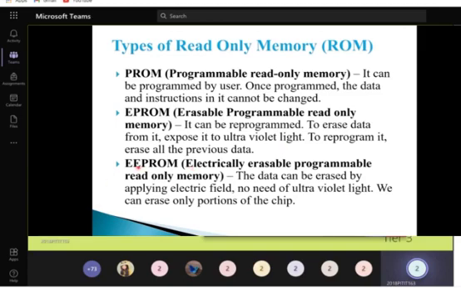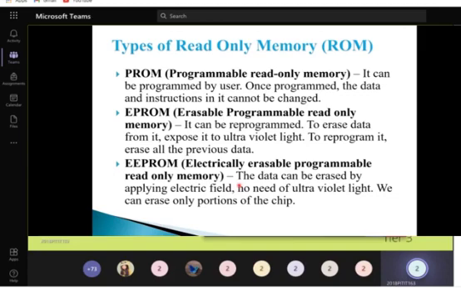So next is our electrically erasable programmable read-only memory. Here the data can be erased by applying an electric field. In the previous case, we erase the data using ultraviolet light.